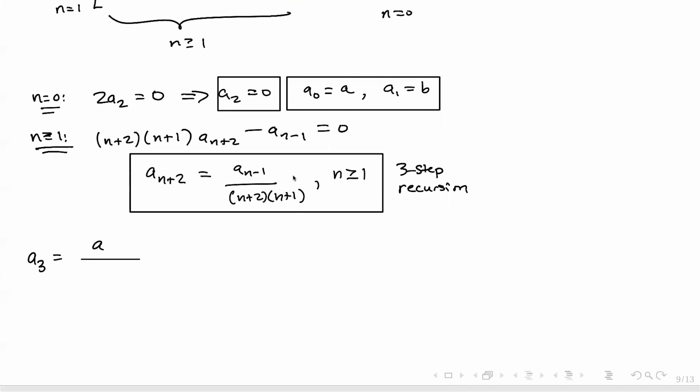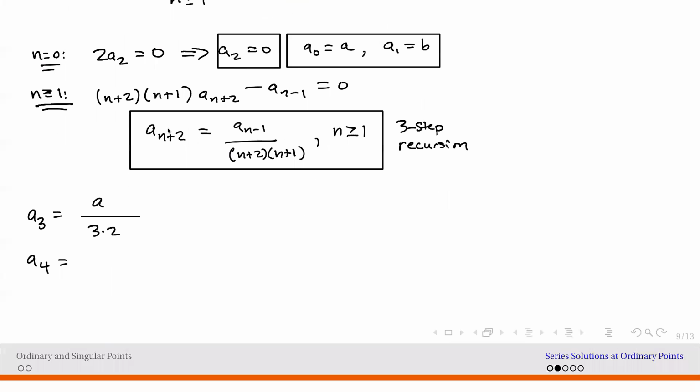Then you look at, say, A4. What would A4 be? Well, A4 would be n equal to 2, A1. A1 is B. So n equal to 2, you get B over 4 times 3 there. Let's keep going with this a little bit.